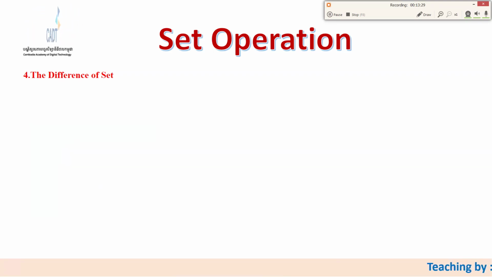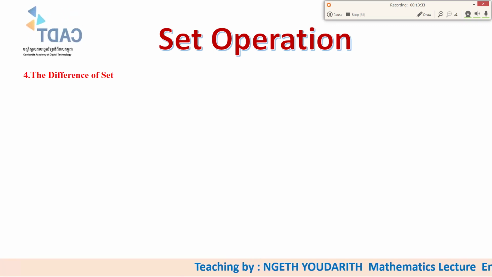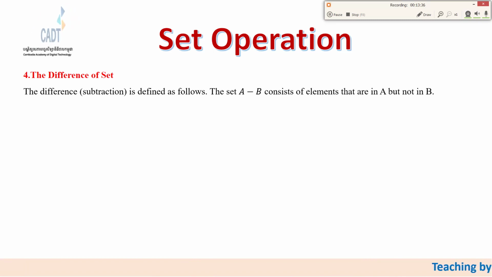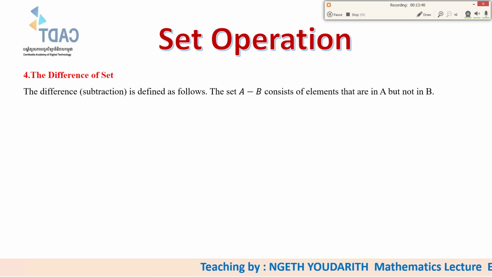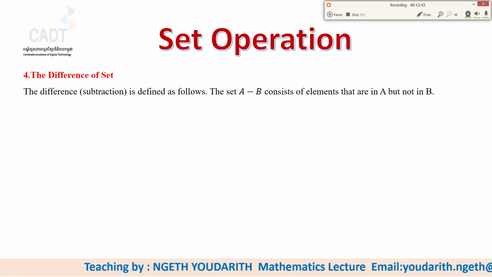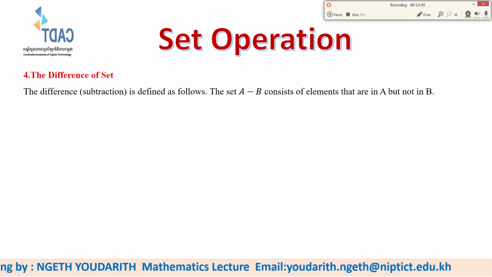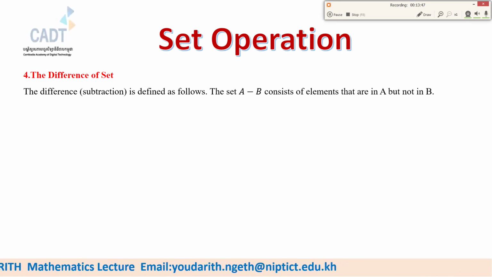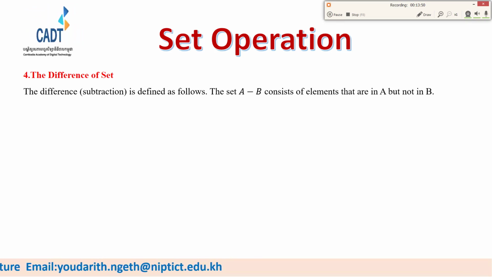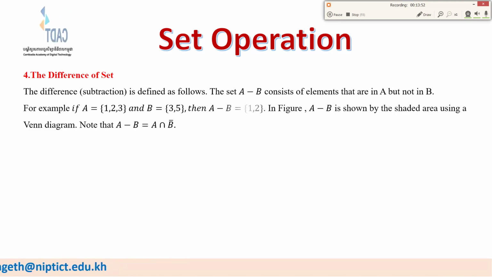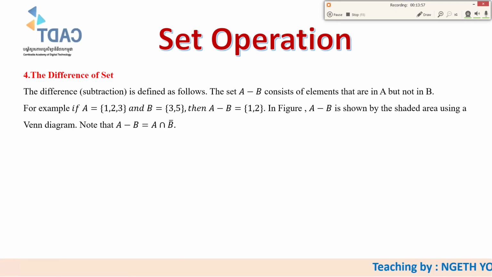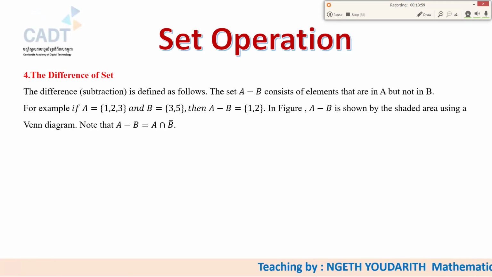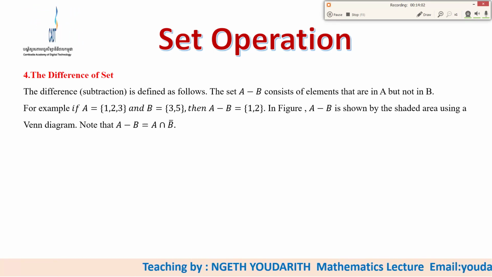And the set difference, or subtraction, is defined as follows. The set A minus B consists of all elements that are in A but not in B. For example, if A is {1, 2, 3} and B is {3, 5}, then A minus B is {1, 2}.